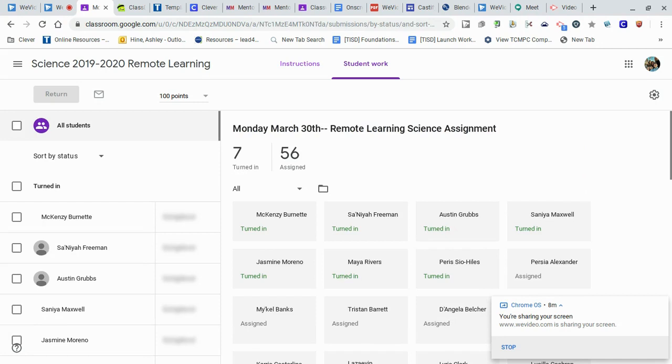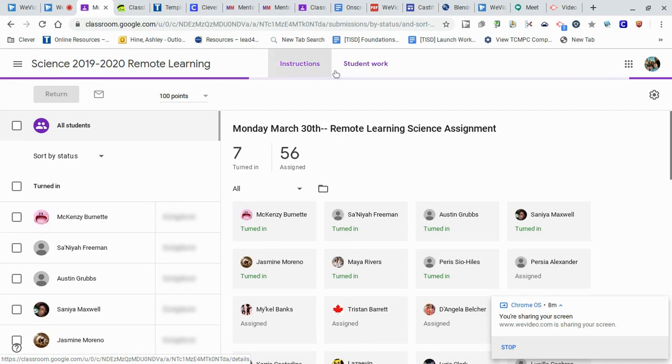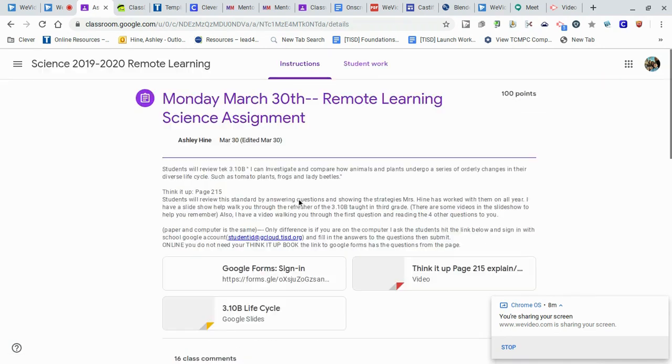When I saw that on my stream, you're going to go to instruction. You won't be able to see student work. Only I get to see that part. So when you click on the assignment, the assignment will pop up.